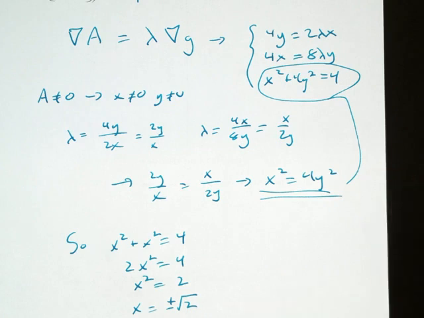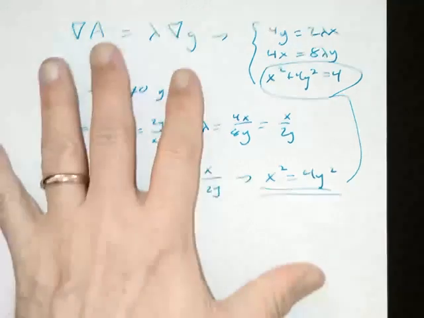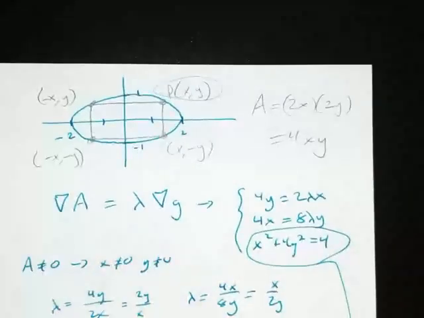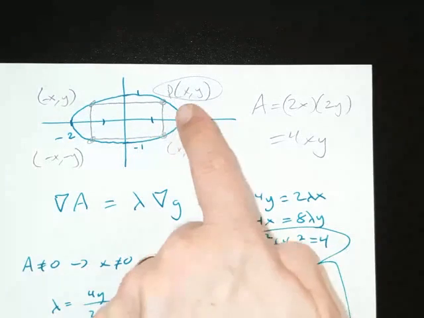But that area function has x and y in it, so if x was negative, maybe y would be negative also. But I know x has to be positive because when we drew the picture, we put x in the first quadrant. X has to be positive right there.